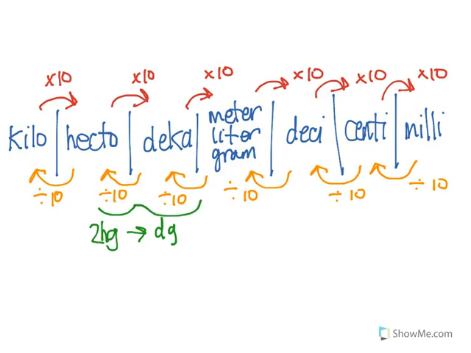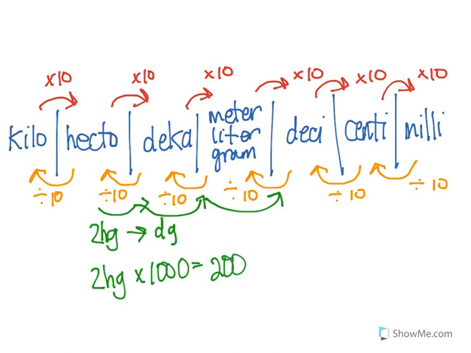That's 100 because that's 10 squared. And then I have another 10, that's 1,000. So I would have to go from 2 hectograms, I would have to times this by 1,000, and that would equal 2,000 decigrams.